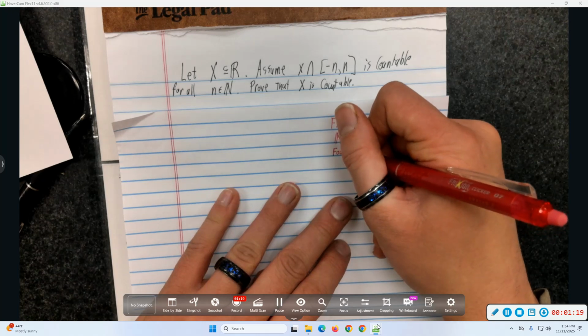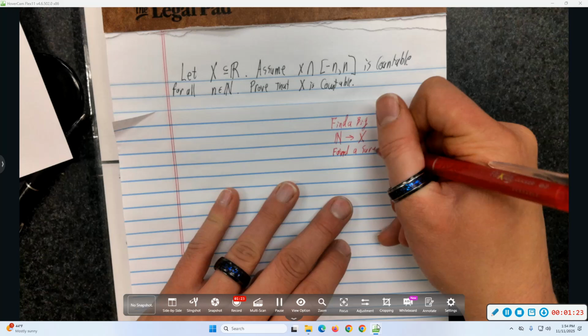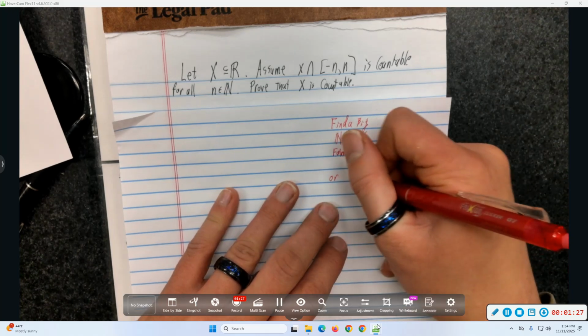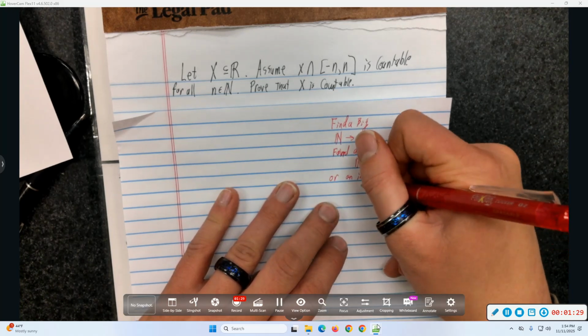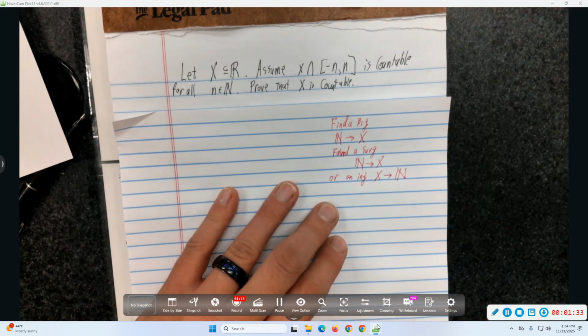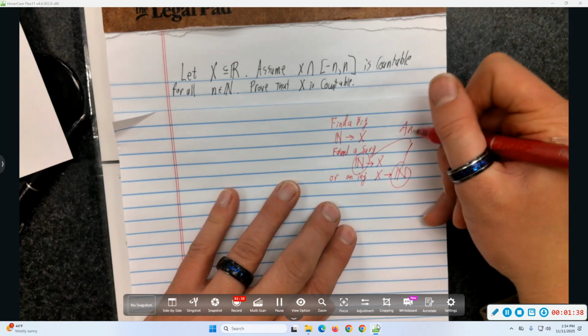The other strategy we could use is we could just find a surjection from N to X, or an injection from X to N. In fact, those N's don't have to be N's. Those N's could be anything countable.